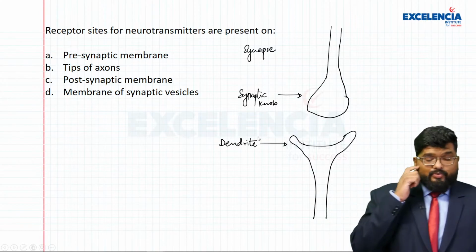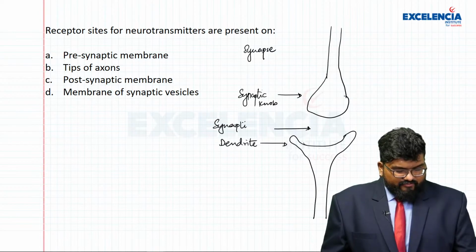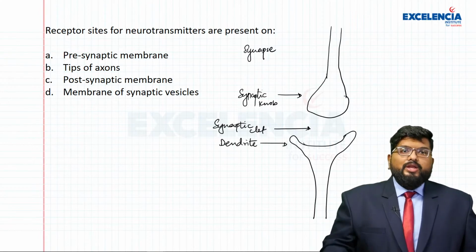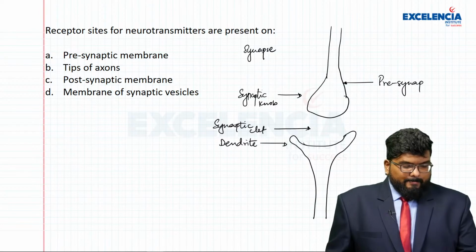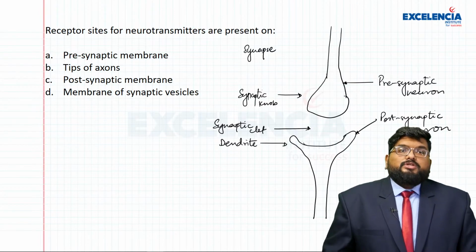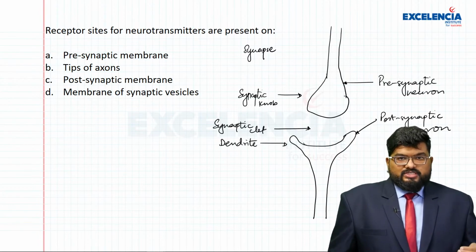And this here is the synaptic cleft, which is a gap of about 2 to 20 nanometers between the two neurons. So this neuron over here will be called the presynaptic neuron, and this one over here is called the postsynaptic neuron.